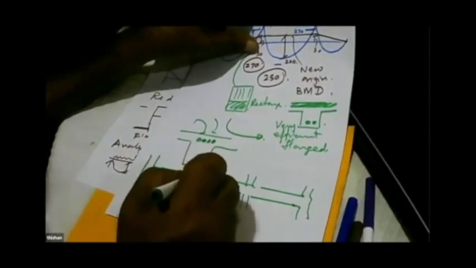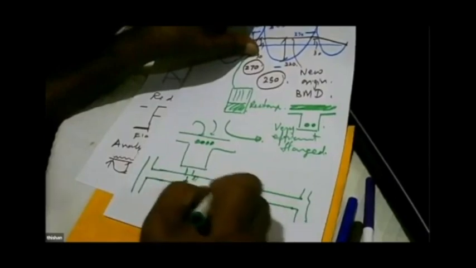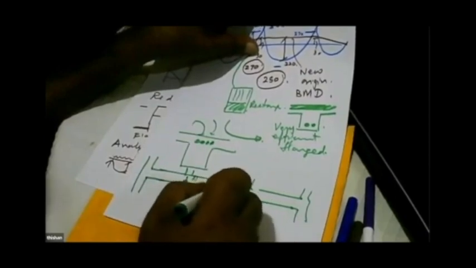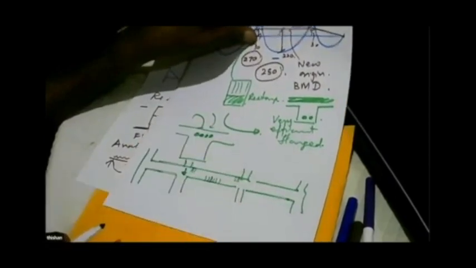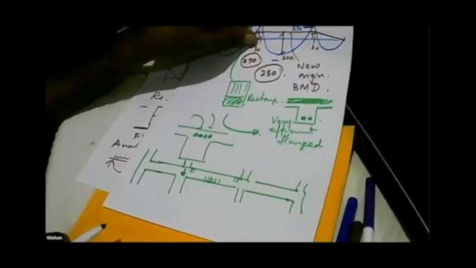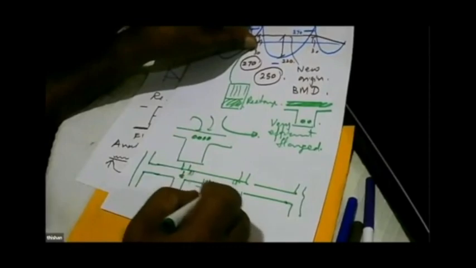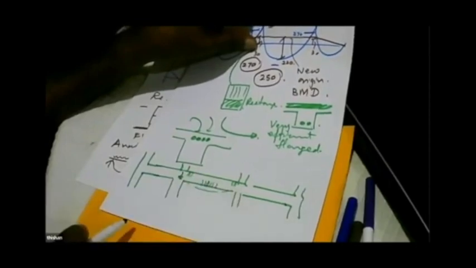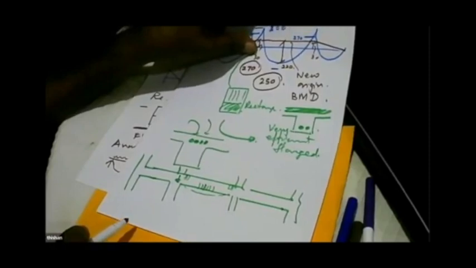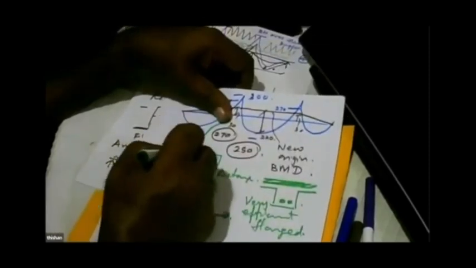If it cracks here, can it fail? No. Can it fail if it cracks here? Yes, no support. It can fail if it cracks. This will crack but no deflection. Here it will crack and it will deflect like this. So what is the best occasion to have a crack? At support.